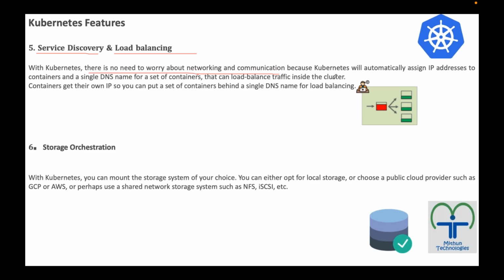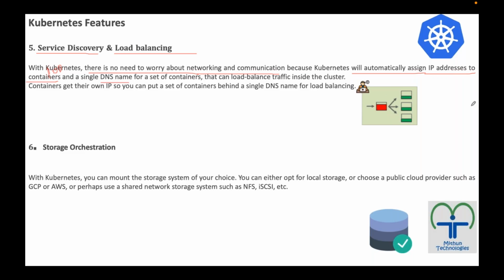Kubernetes will automatically assign an IP address to the containers, basically the pods, and then a DNS name, basically the service name, for those pods. Then we can use that service name, that DNS name, which can load balance the traffic inside the cluster.